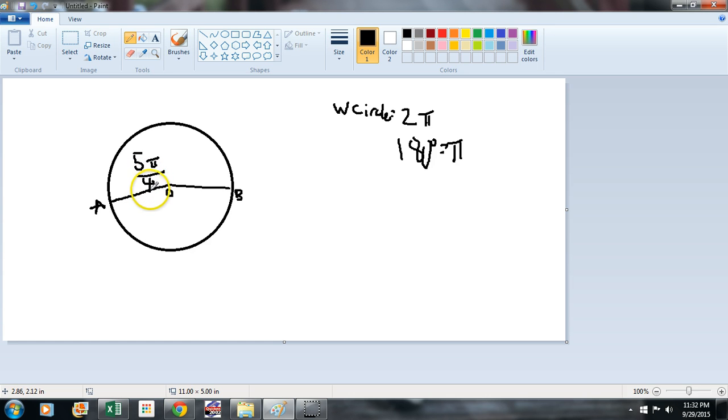So what we want to know is what fraction this is of the whole circle, which the whole circle is 2 pi, and going from there.